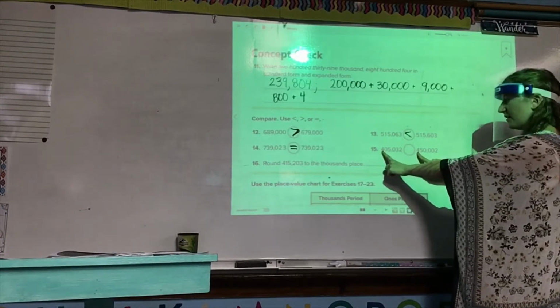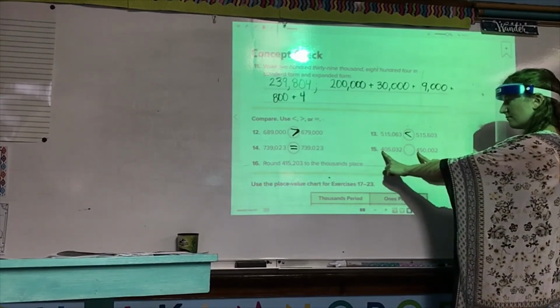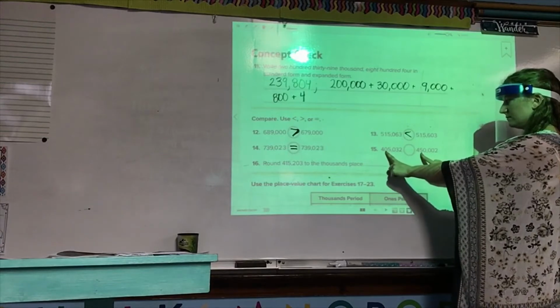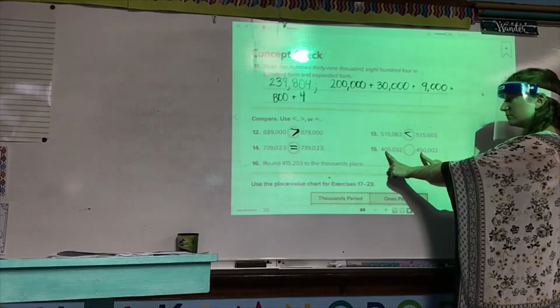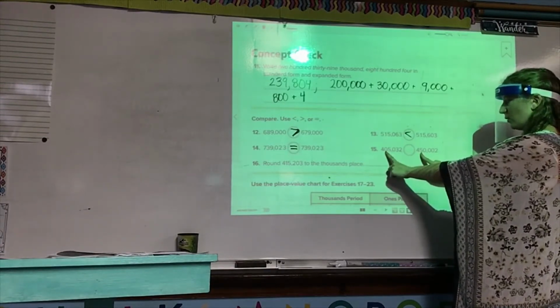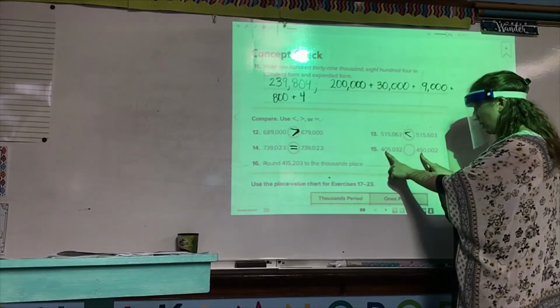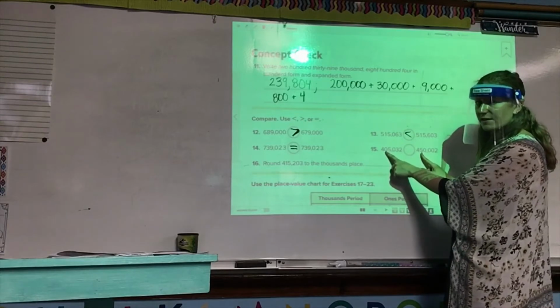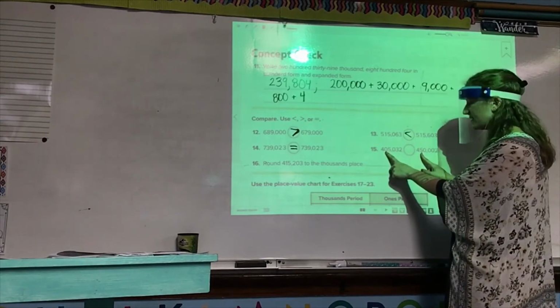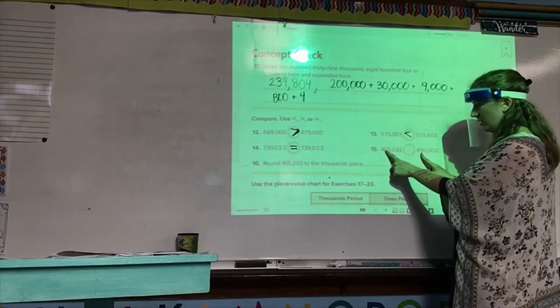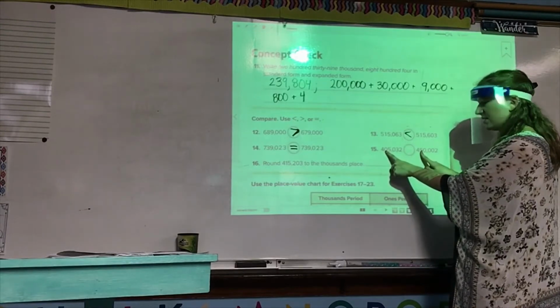4. Can we compare them? No. So we move to the 10,000s place. What digits do we have? A 0 and a 5. Can we compare those? Yes. Is 0 greater than, less than, or equal to 5?